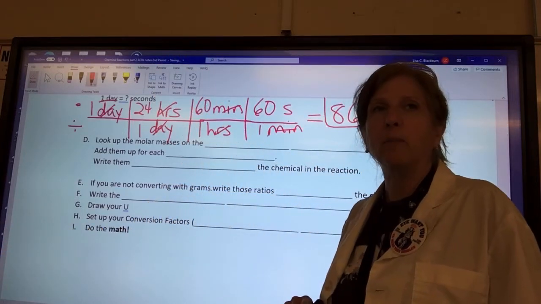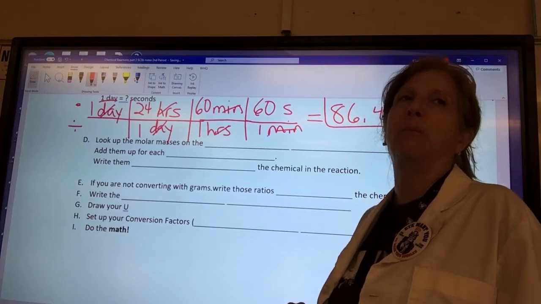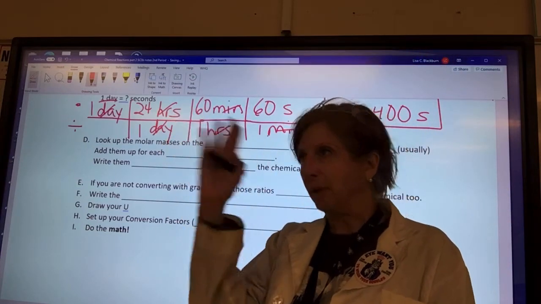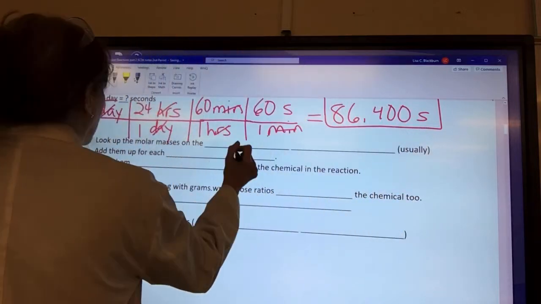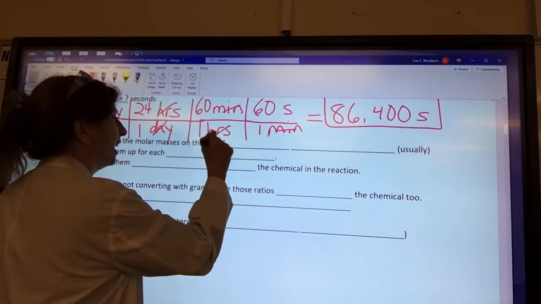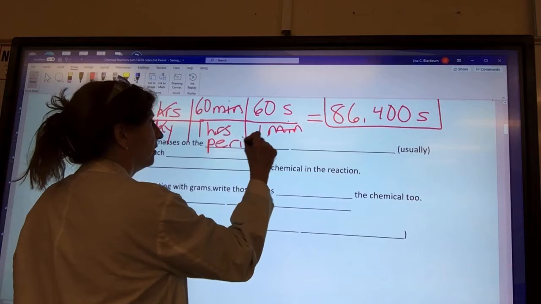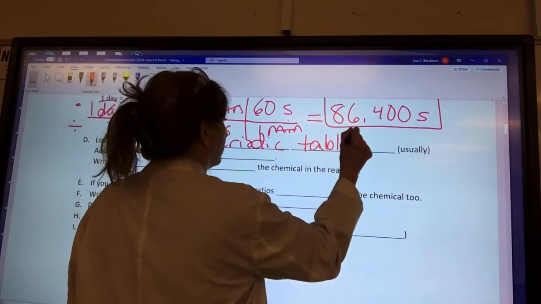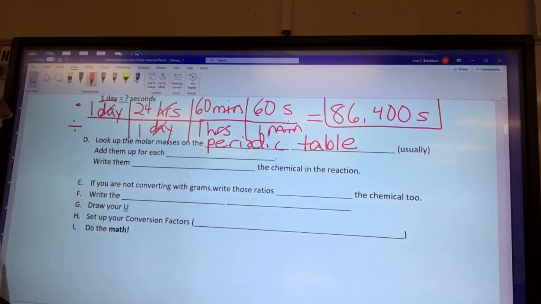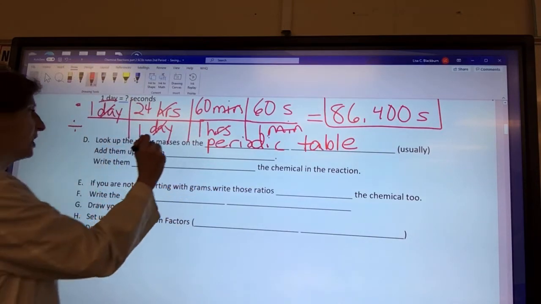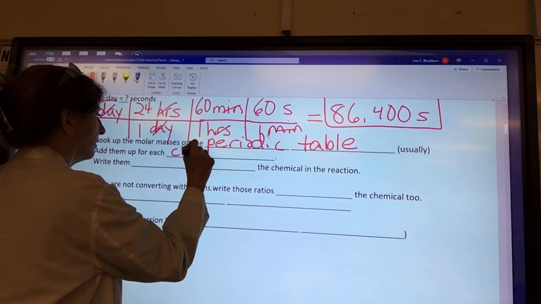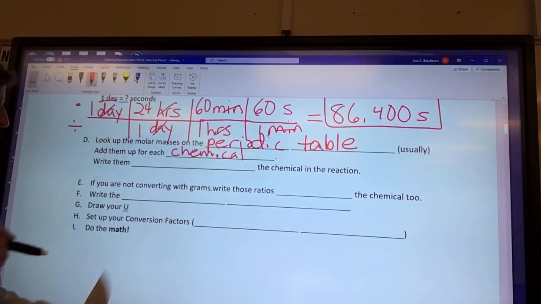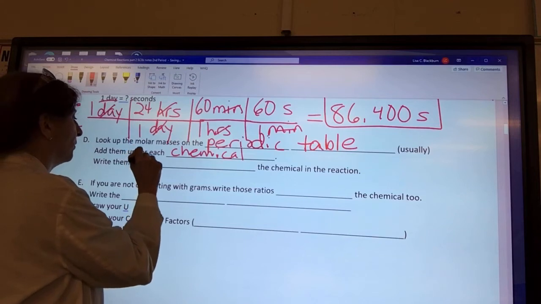The next step of the problem is we look up the molar masses. Where are we going to look those up? The periodic table. So we're going to look up the molar masses on the periodic table. Okay, and then you add them up for each chemical and write them under the chemicals in the reaction.